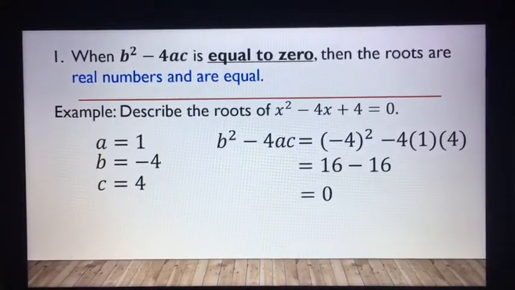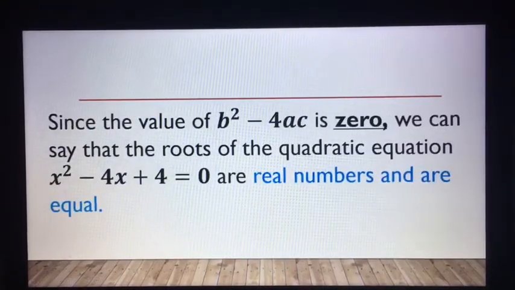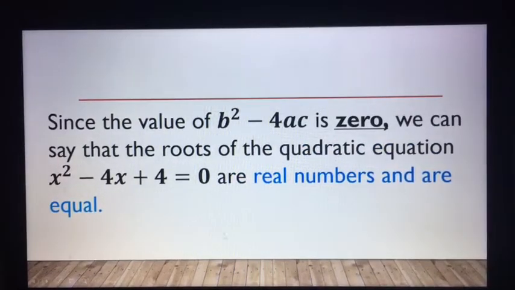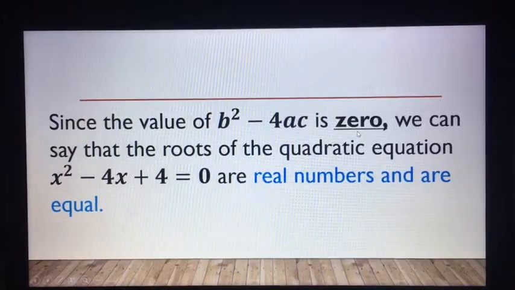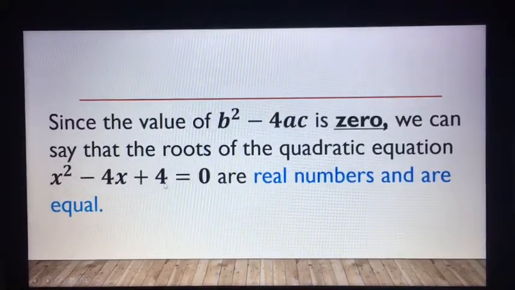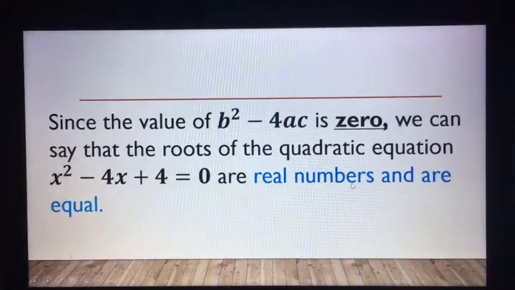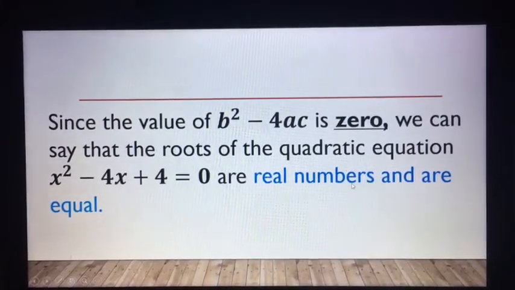So, if our discriminant is 0, then the roots are real numbers and are equal. Since the value of b squared minus 4ac is 0, we can say that the roots of the quadratic equation x squared minus 4x plus 4 equals 0 are real numbers and are equal.